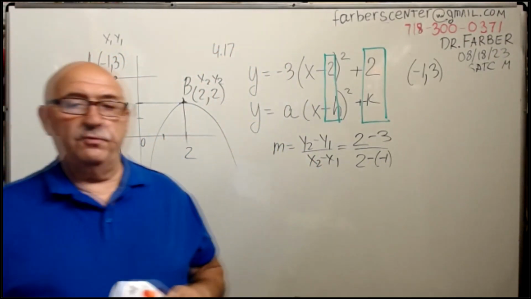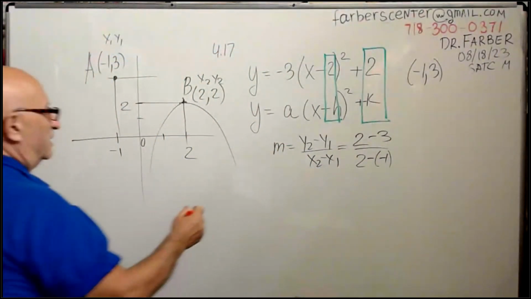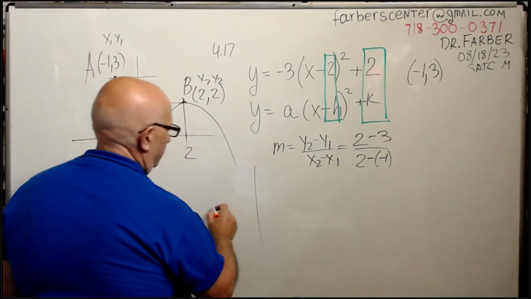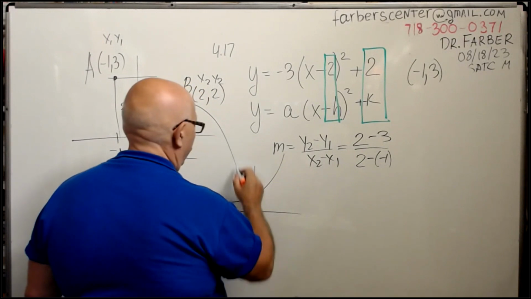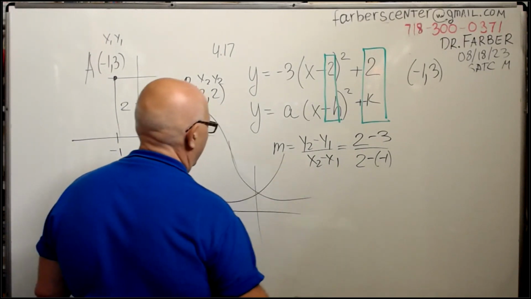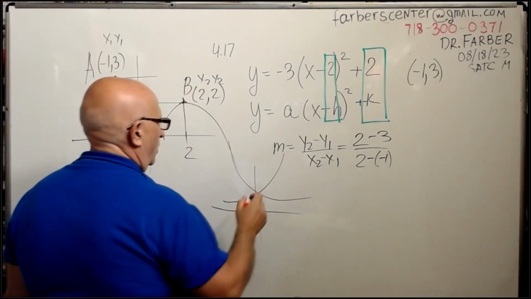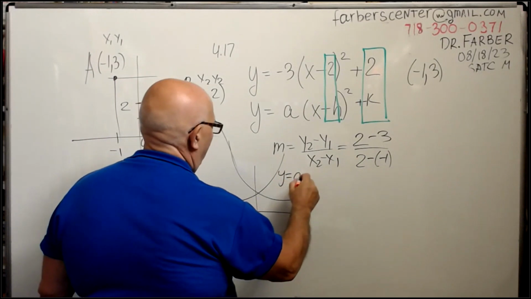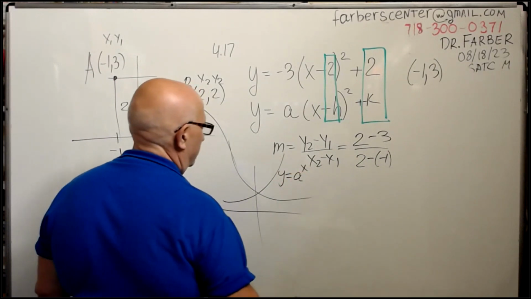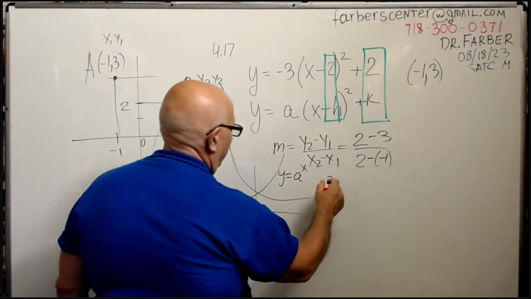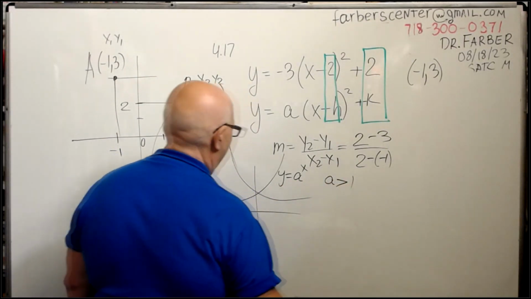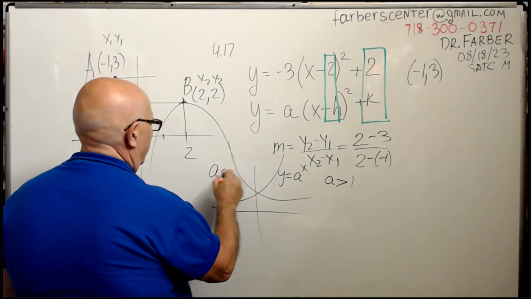I don't want to confuse you, but you remember we started these graphs? Look at this. What is it? y equals a to the power x, and this a is greater than 1, and this a is less than 1.